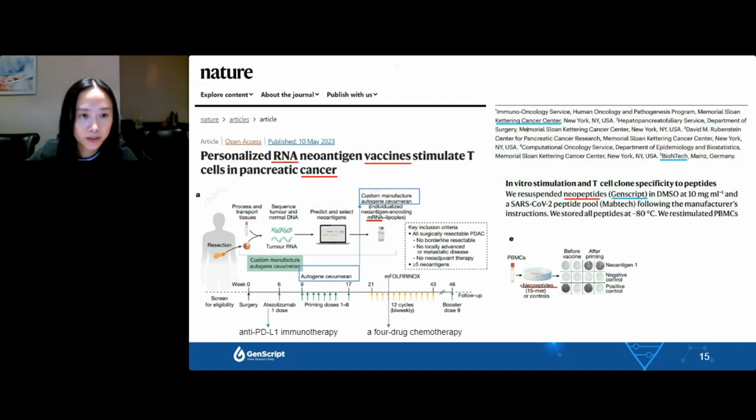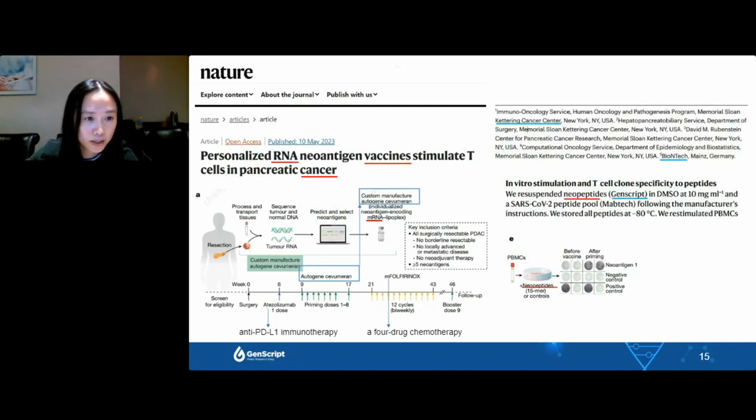And take a look at some details first. After the surgery, the customer used anti-PD-1, PD-L1 immunotherapy to give the tumor a good environment for the vaccine later. So here's the priming dose 1 to 8. Then how can we get this dose?